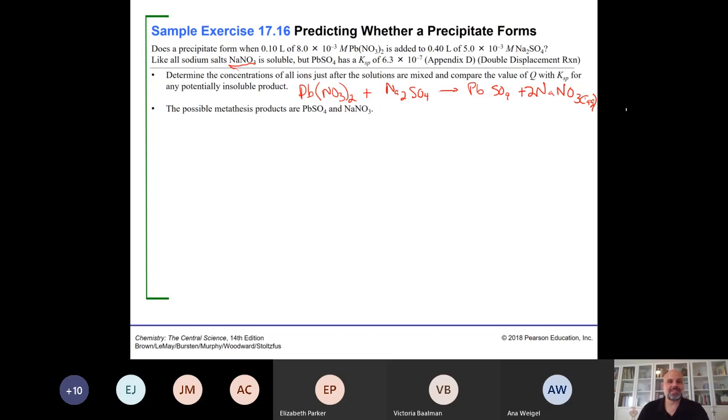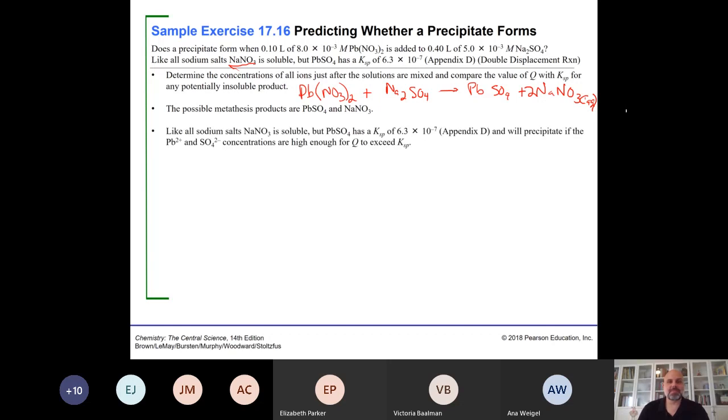All right. So like all sodium salts, sodium nitrate is soluble, but lead sulfate has a KSP of 6.3 times 10 to the minus 7. So we're looking at our KSP here, and our lead sulfate is what we're talking about.